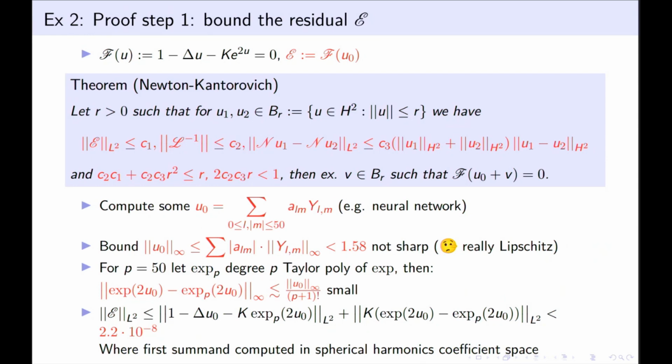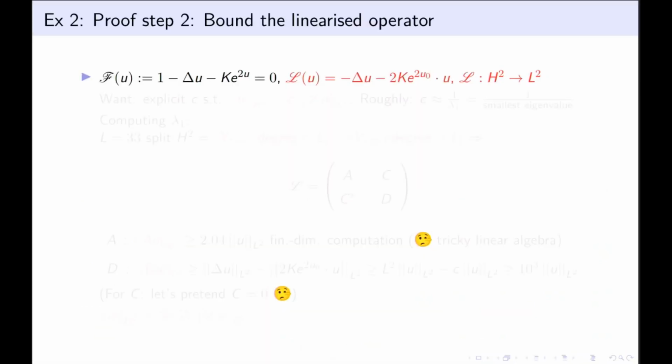Now comes the hardest step. Now comes bounding the linearized operator. So again, here the equation we want to solve, curly f, and L is this linearized operator. And the estimate that we want looks like this. Previously, I wrote this in terms of the operator norm of L, but if you remind yourself of the definition of operator norm, it's actually equivalent to this estimate here.